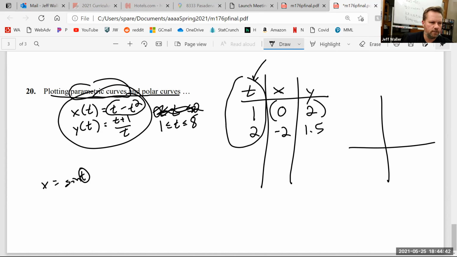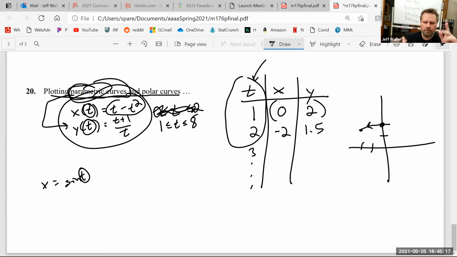Yeah, so I'm doing parametric: points defined by a third background parameter. So this would be 0, 2, -2, 1.5, and then I would keep going. These would connect with an arrow, so you can show the direction of motion.